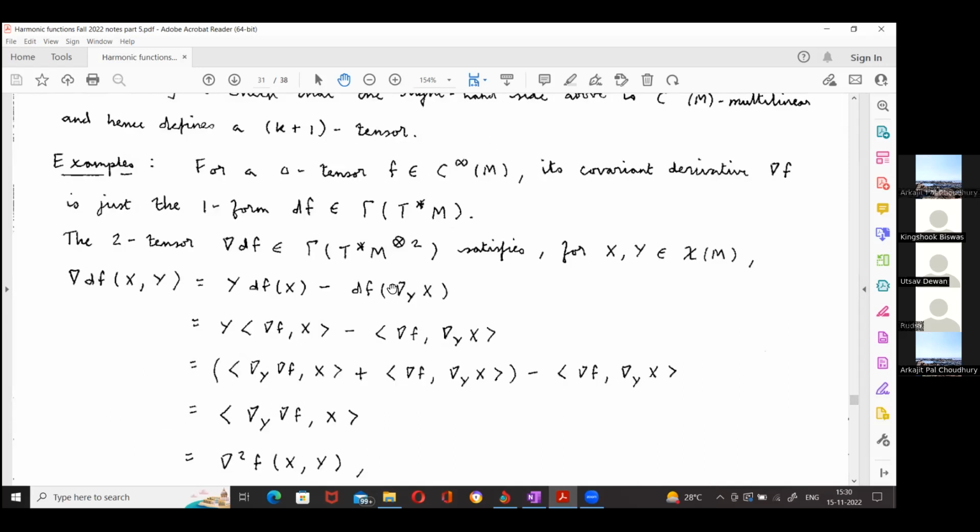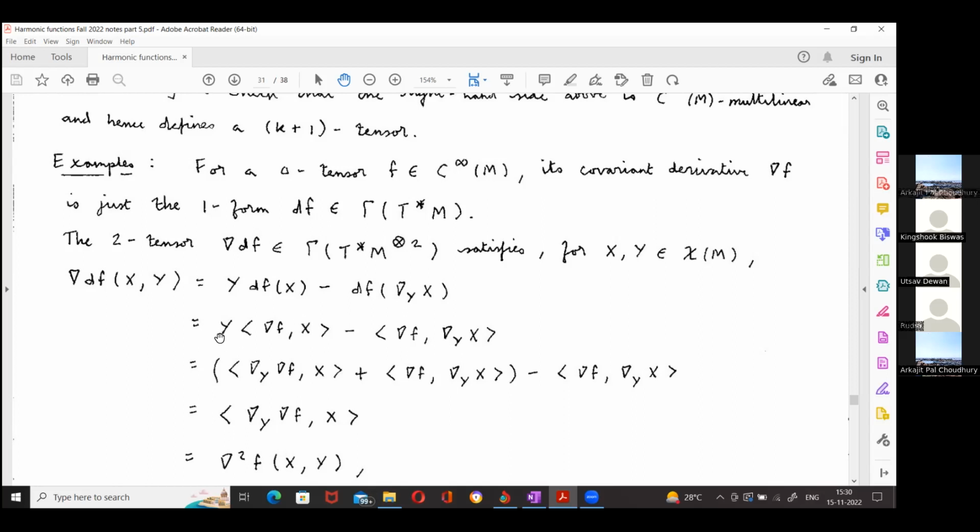Now, what is df of a vector field x? By definition of the gradient vector field, this is the same as the inner product of grad f with x. And df of nabla y x is the inner product of grad f with nabla y x.